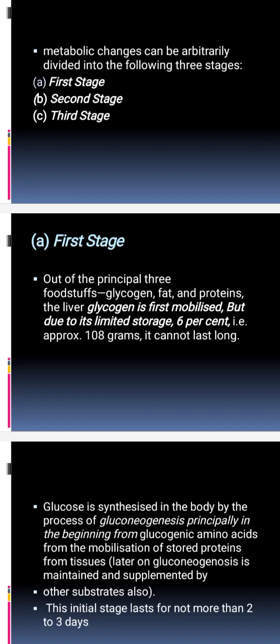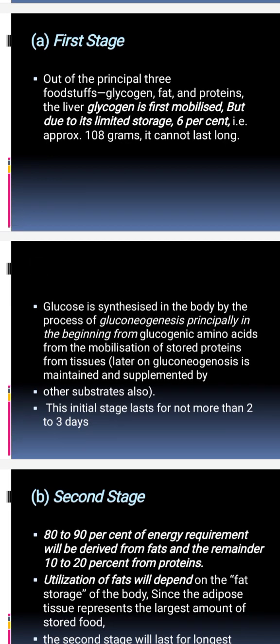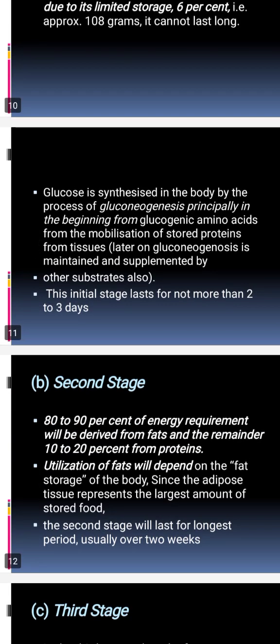The liver glycogen is first mobilized, but due to limited storage, which is 6%, that's to say approximately 108 grams, it can't last long. The glucose is synthesized in the body by the process of gluconeogenesis, as you know, principally in the beginning from glucogenic amino acids from the mobilization, of course, of the stored proteins from the tissue, and it will also be supplemented by other substrates. The initial stage will last for 2 to 3 days.